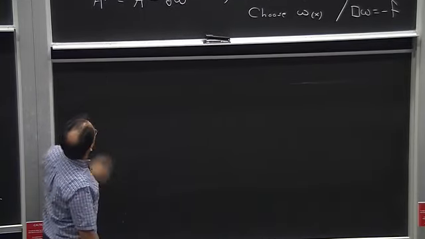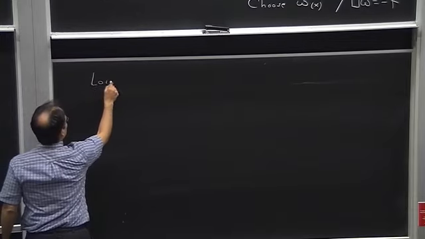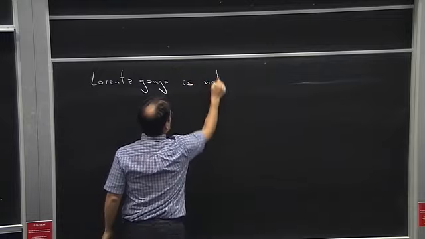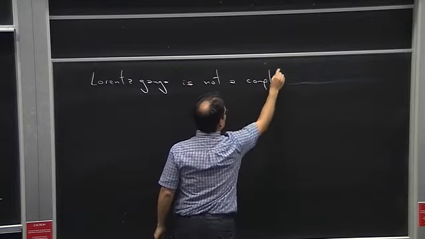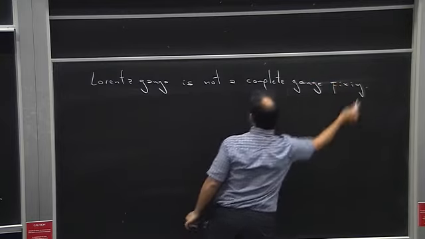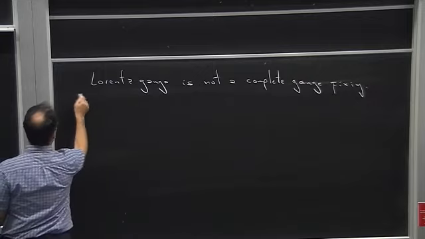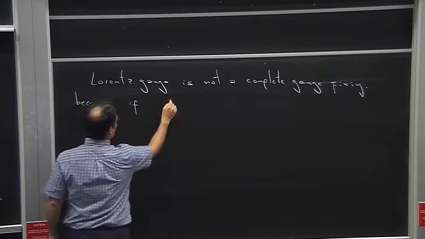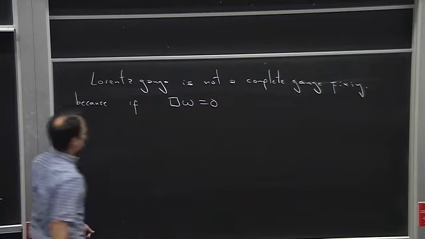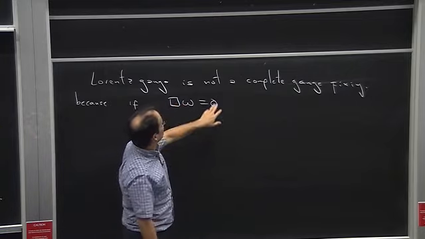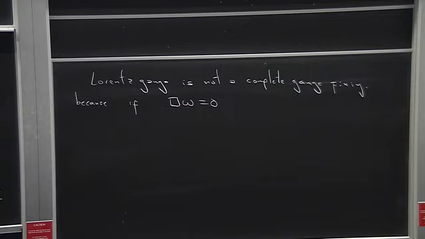Now, is this a complete gauge fixing of the problem? Well, the Lorentz gauge is not a complete gauge fixing, because precisely if we choose a function whose box is 0, then the gauge fixing is blind to it, okay?